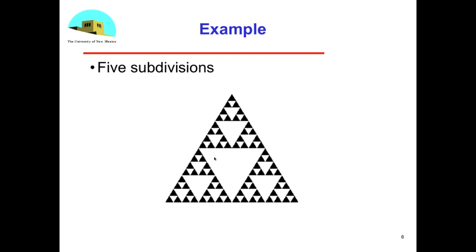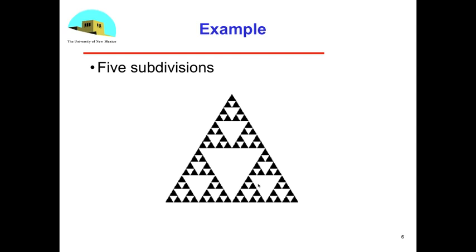So if you take the limit of doing an infinite number of steps, the final object has no area at all. But on the other hand, if you look at the perimeter, let's just look at the first step. If these had sides of length 1 originally, then the perimeter was 3. But now each of these sides has length 1/2. So each of these 3 corner triangles has a perimeter of 1/2, 1/2, 1/2, 3 halves.